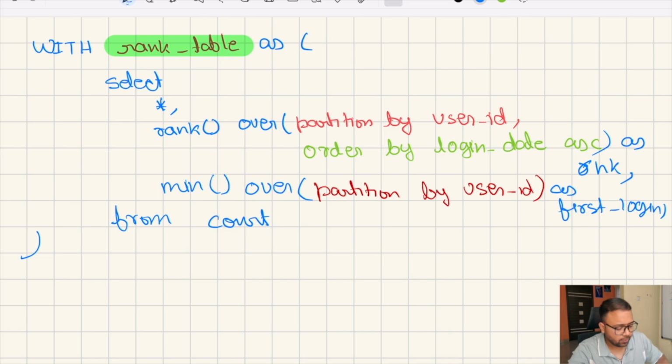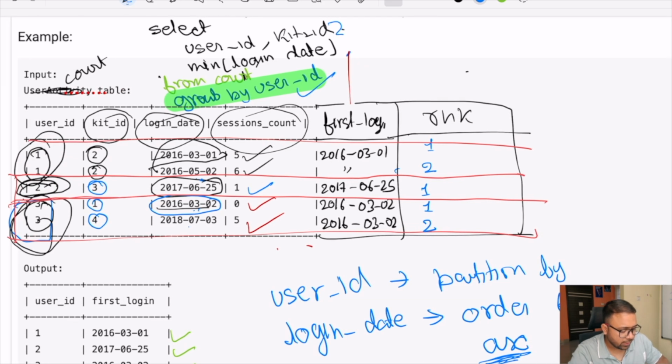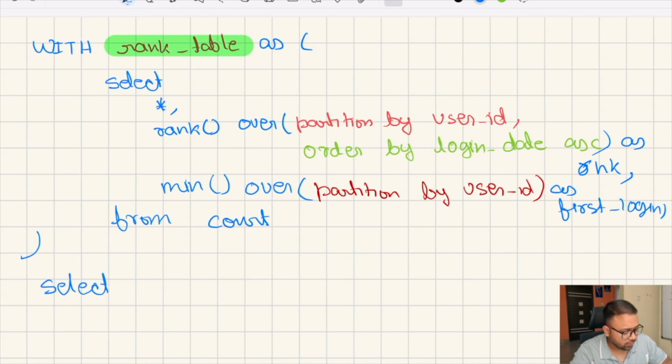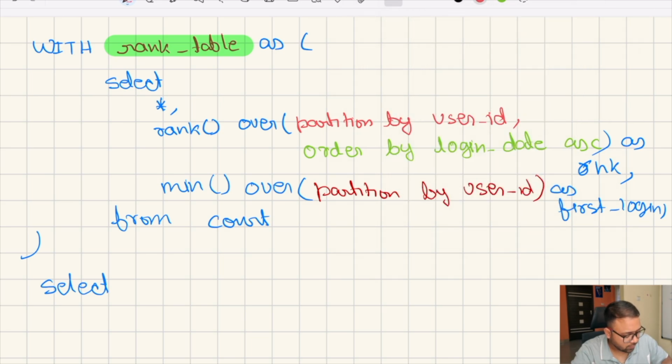So what I will say is SELECT. Which columns do we need in the output? User ID and first login, right? We will say SELECT user ID, comma, first login, FROM which table?